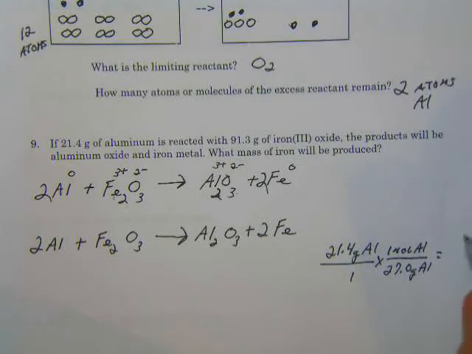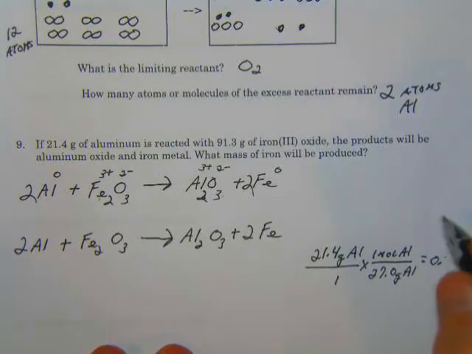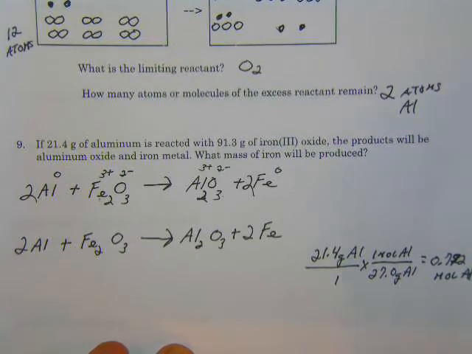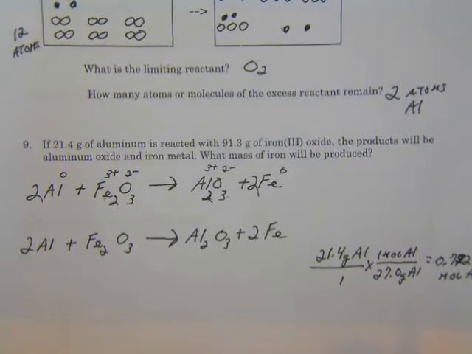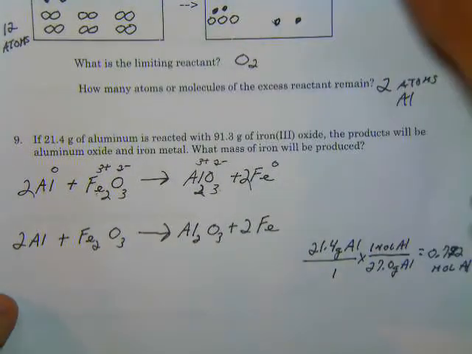So that gives me 0.792 moles of aluminum. Well, let's go ahead and find the molar ratio right off the bat here.